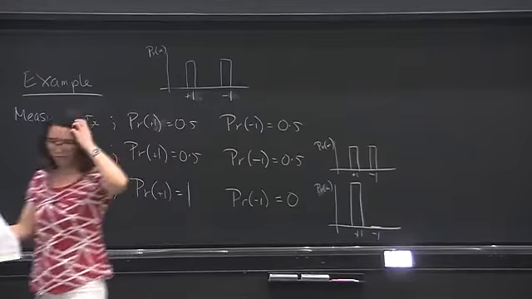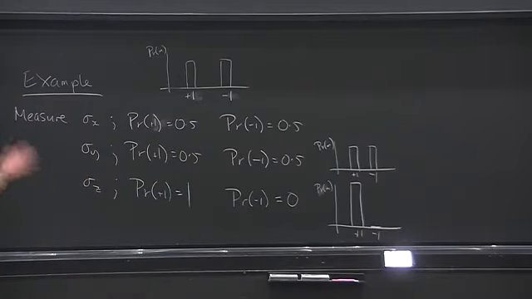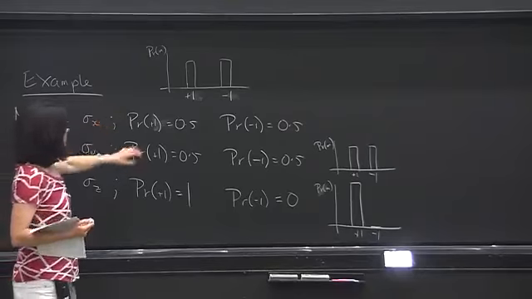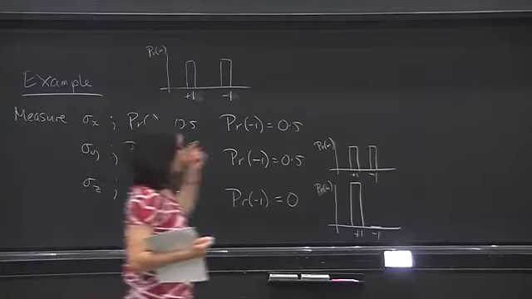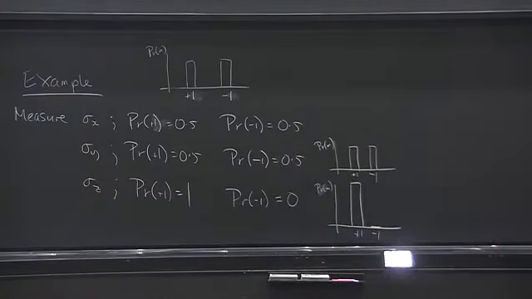Okay, so I've made multiple copies of the same state. I measured each one in the different bases, and I got these statistics. So from that, I would plug it back into this expression for the density operator. And what would I get?